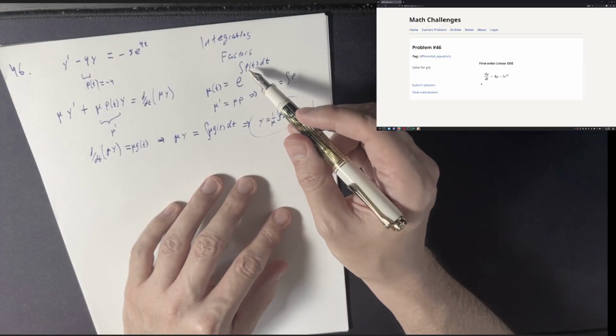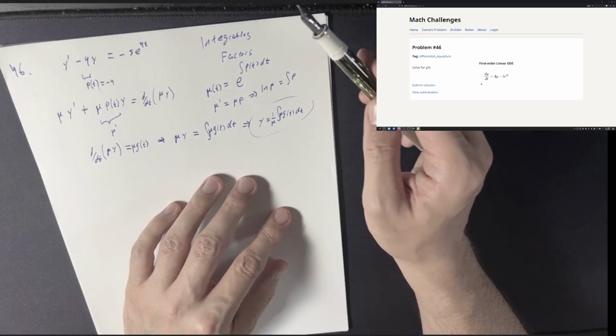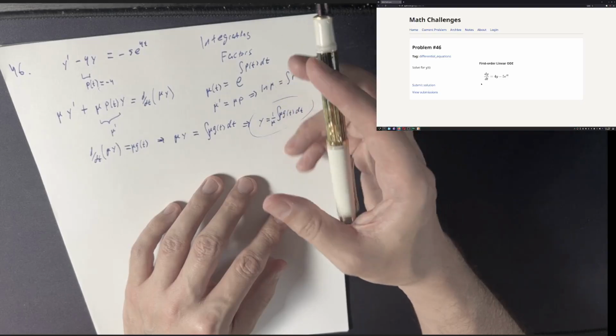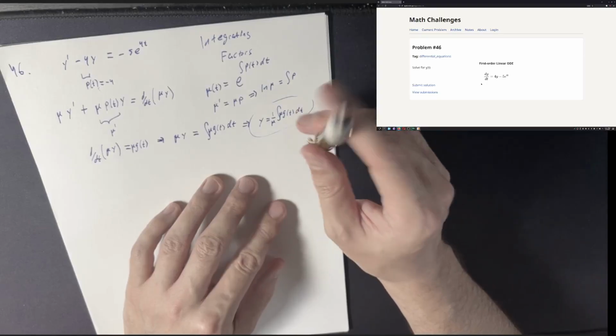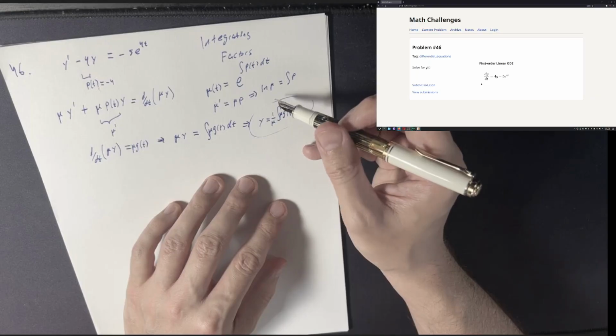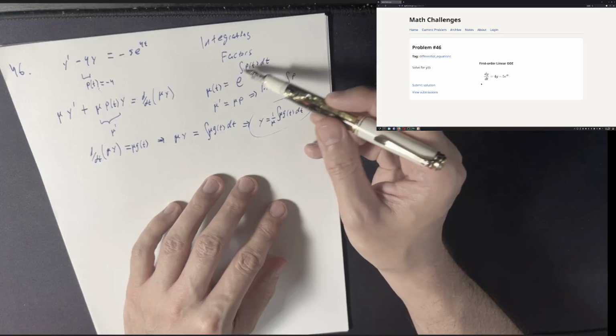I wonder why I started to think there was a negative sign.